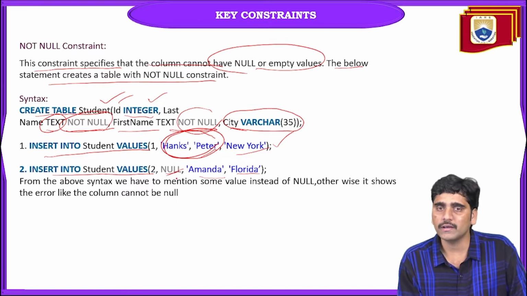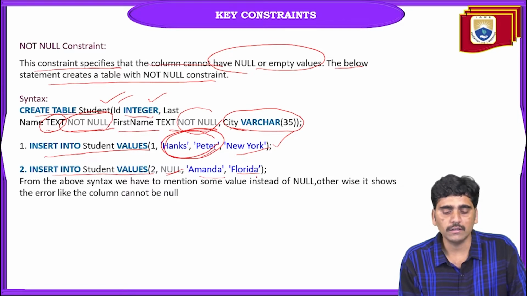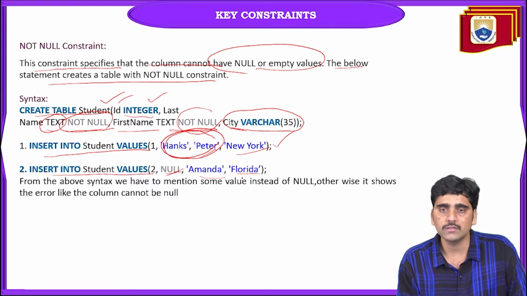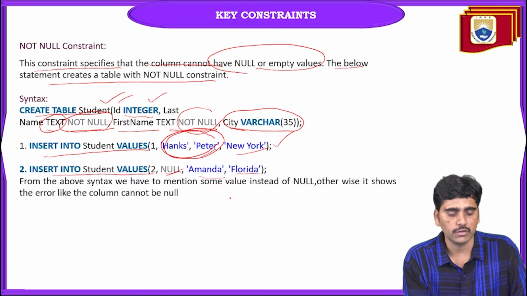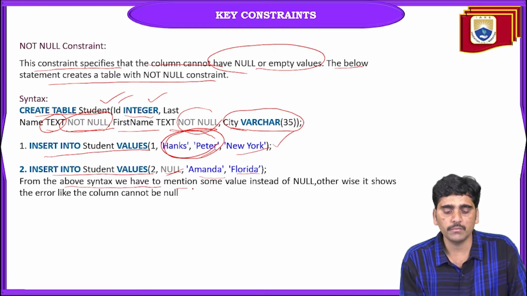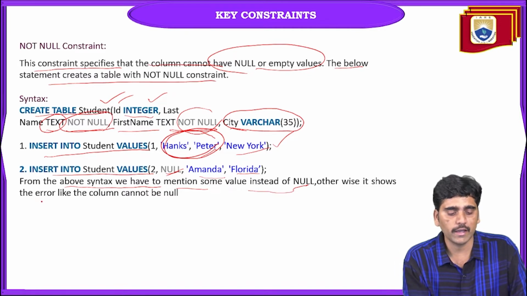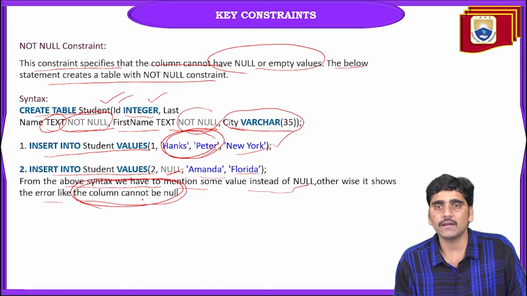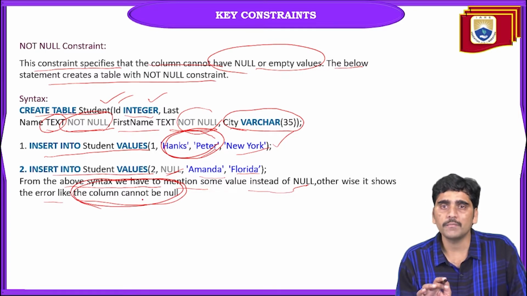If you specify like that, it shows an error. From the above syntax we have to mention some value instead of null. Otherwise it shows the error: column cannot be null, because you specified the not null constraint on that column.